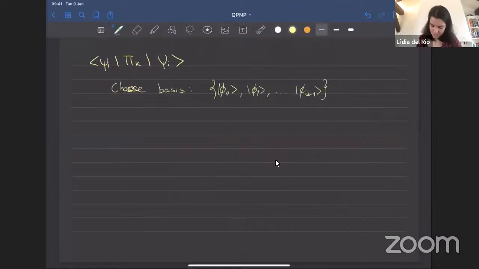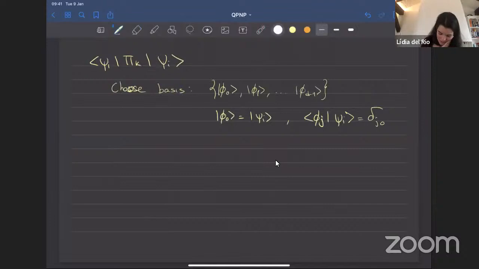We choose a basis such that phi 0 is our state of interest, and because it's orthonormal, this in particular means that the inner product of phi j with phi 0 is 0 for all the others, so j not equal to 0. Why am I doing this? Because then I can ask what is the trace of any operator, for example Pi k, with my psi i here.